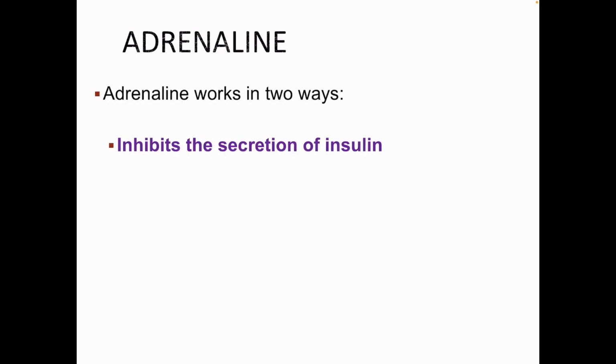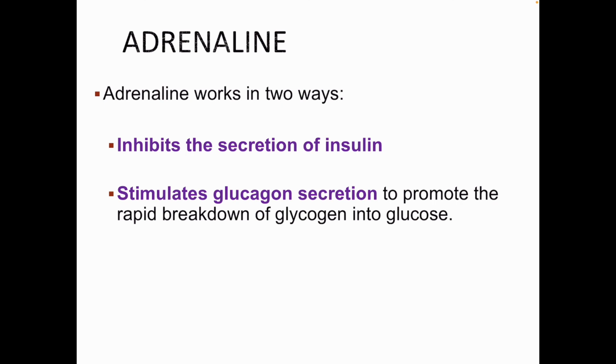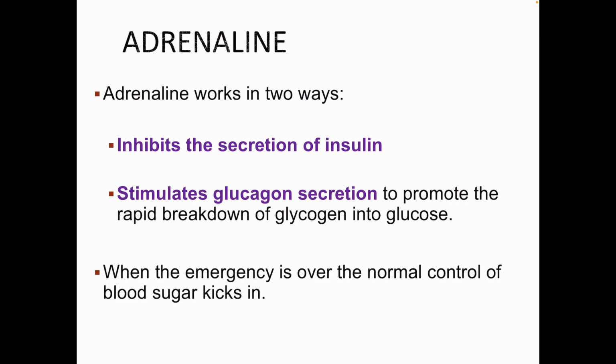It works in two ways. It inhibits the secretion of insulin and stimulates the secretion of glucagon. That then promotes the rapid breakdown of glycogen into glucose. Then, when the emergency situation is over, the normal control of blood glucose level returns.